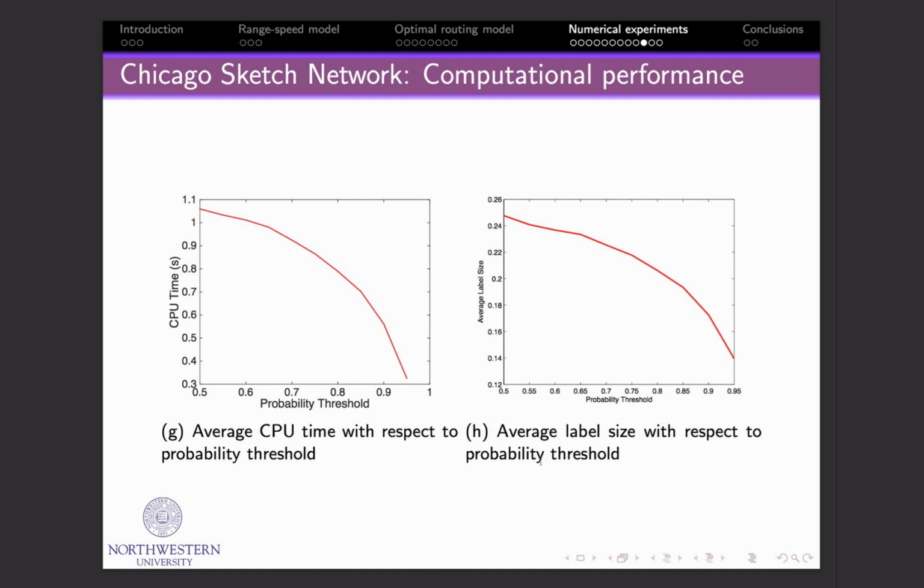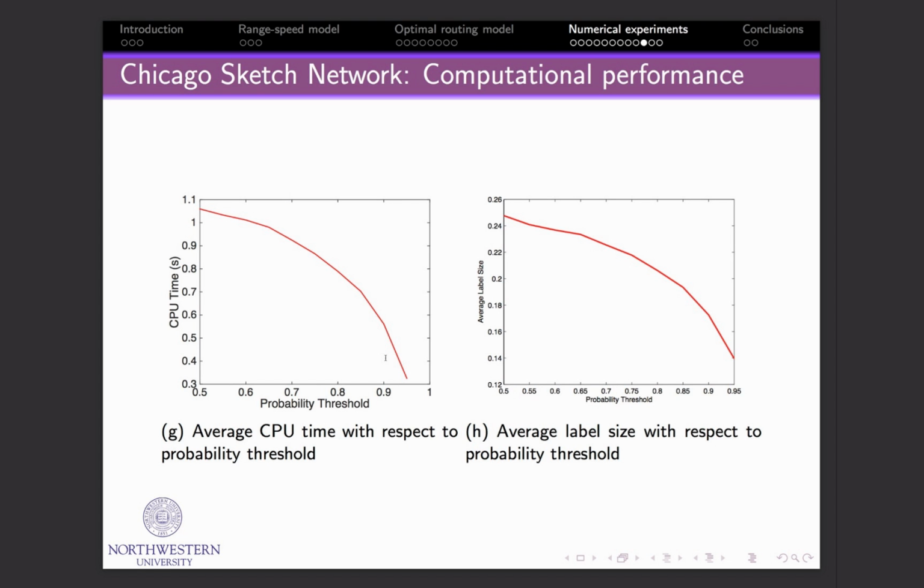First is average CPU time with respect to different probability thresholds. Here the label size is the number of non-dominated labels kept for each node. We can see the CPU time drops as the probability threshold increases.